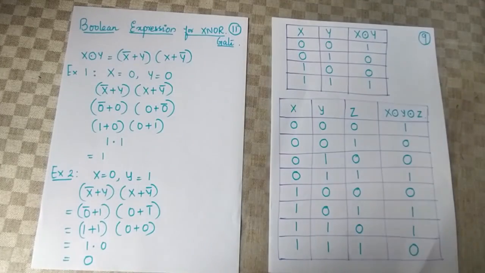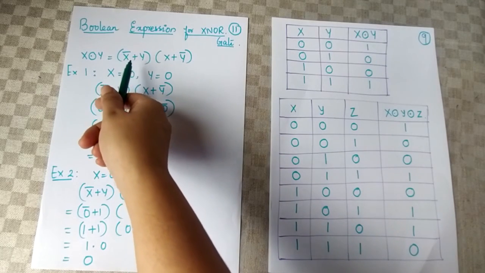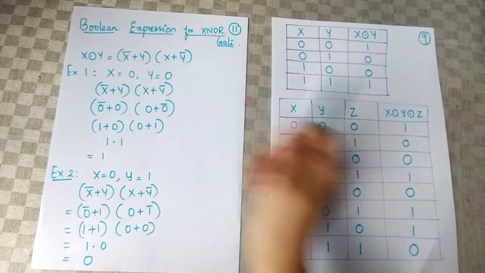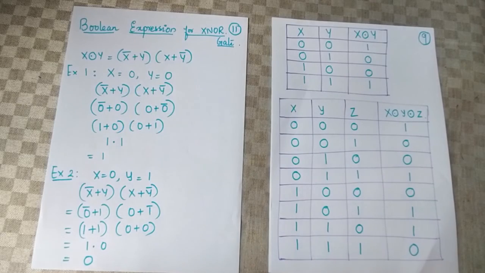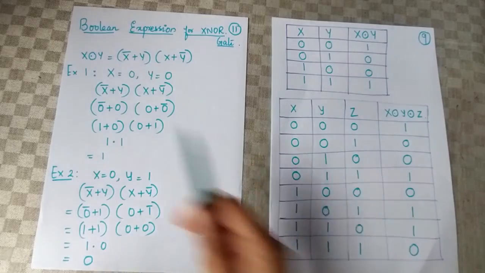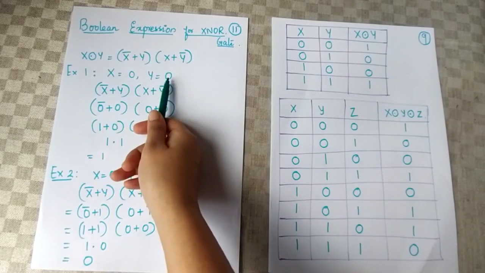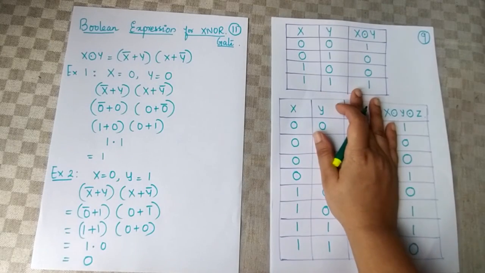Similar to XOR, even for the XNOR gate there is a Boolean expression. Okay. So what is that Boolean expression? It is x complement plus y into x plus y complement. So let x be 0 and y be 0, and here is the truth table for the XNOR gate.